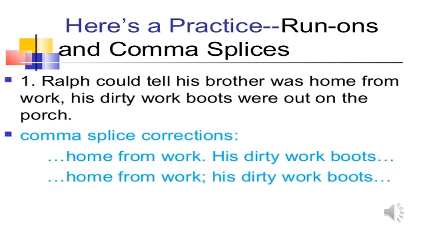In order to correct this sentence with the comma splice, we can use a full stop or a semicolon. We can say, Ralph could tell his brother was home from work. His dirty work boots were out on the porch. Or we can say, Ralph could tell his brother was home from work; his dirty work boots were out on the porch.